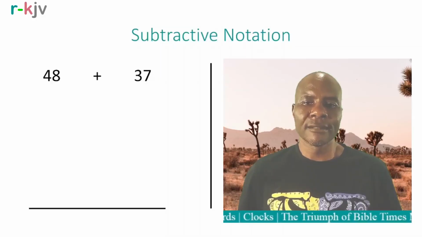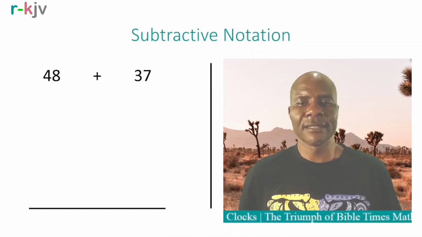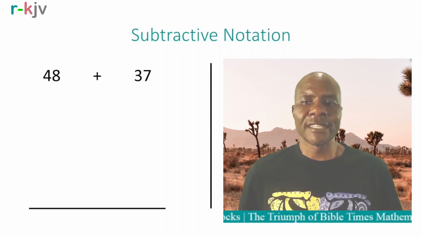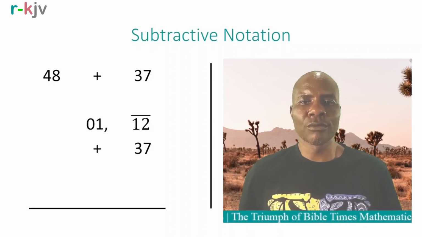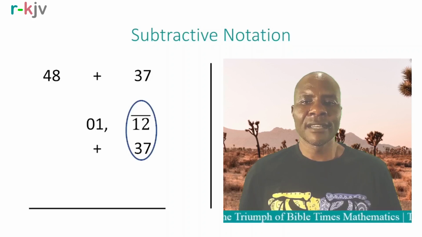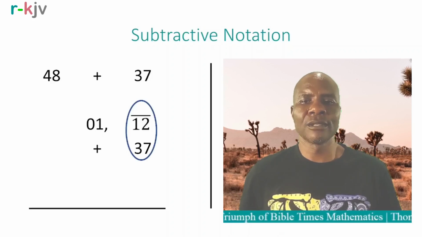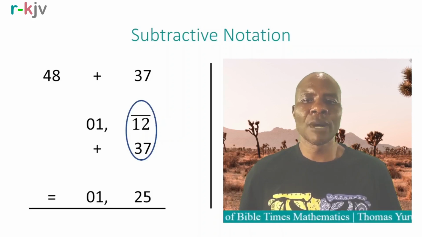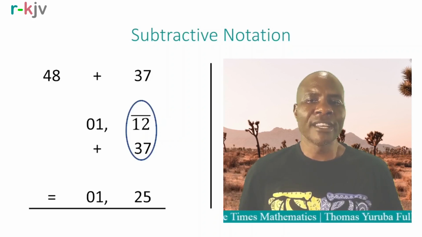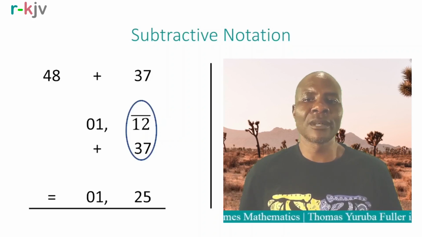Let us take a look at simple calculations in sexagesimal notation. Let's start with addition. It's 48 plus 37. 48 is base 60 less 12, and 37 less 12 is 25. So the solution is 01, 25. The order in which the brain will process the calculation is this.